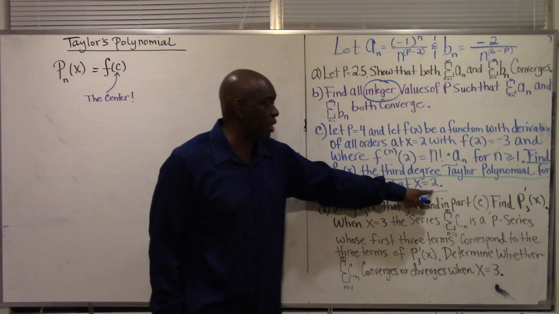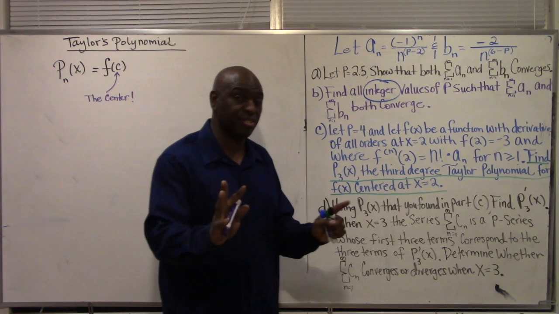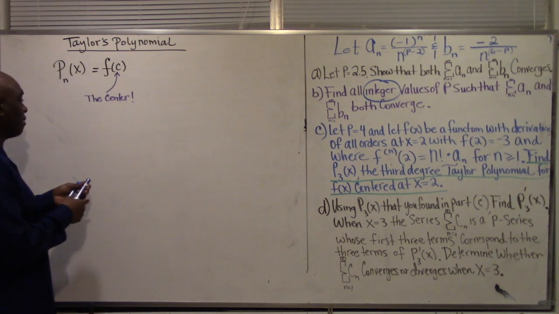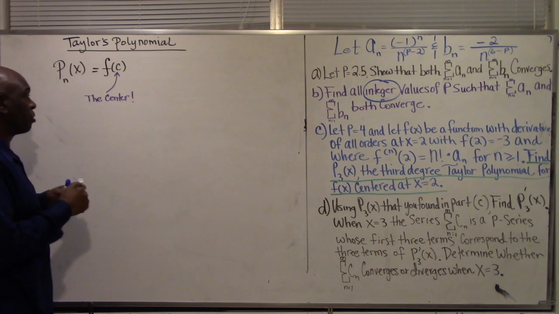And they give you the value of the center somewhere here. Centered at x equals what? 2. See, they give you the value of the center. So just go easy. Breathe easy. All right? Let's continue to work on Taylor's polynomial.